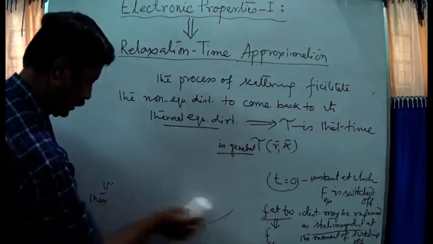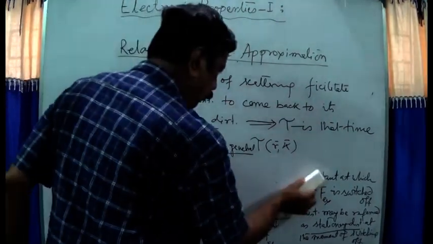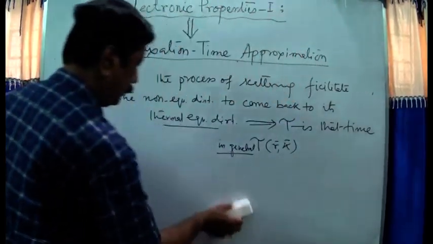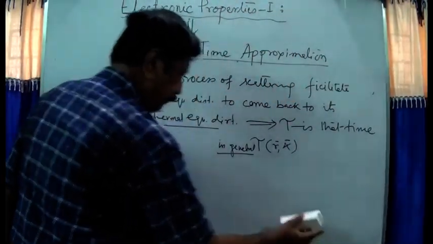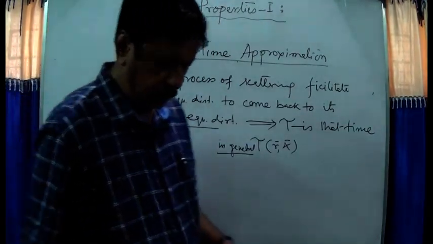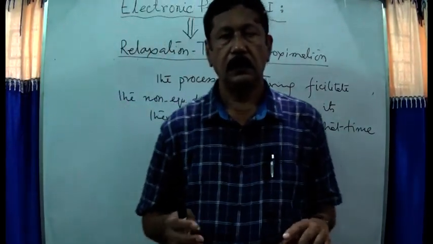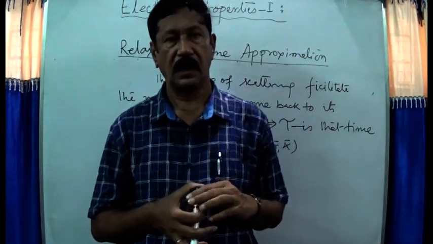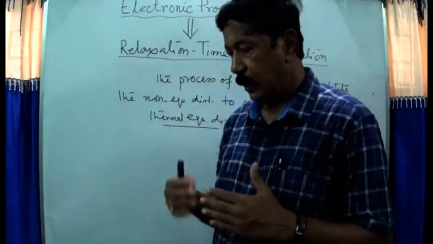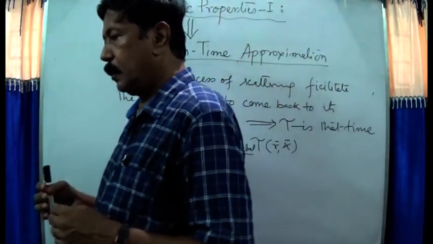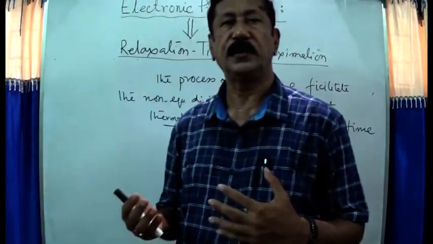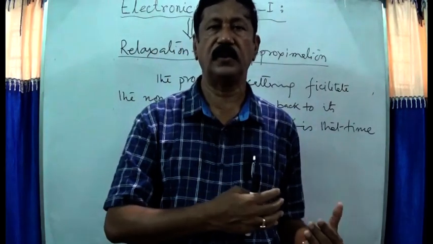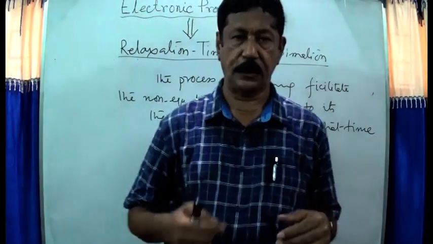Also, there is one point yet to be mentioned. Now, let us imagine the situation: how the non-equilibrium distribution is attained and how it will come back to its equilibrium distribution.